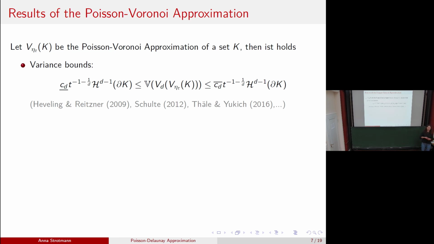There are many publications about the Poisson-Delaunay approximation, and first there are some results about the variance and the upper bound, which you can see here, which is some constant depending on the dimension d times the intensity of the point process to the power -1 over d times the surface area of the convex set.